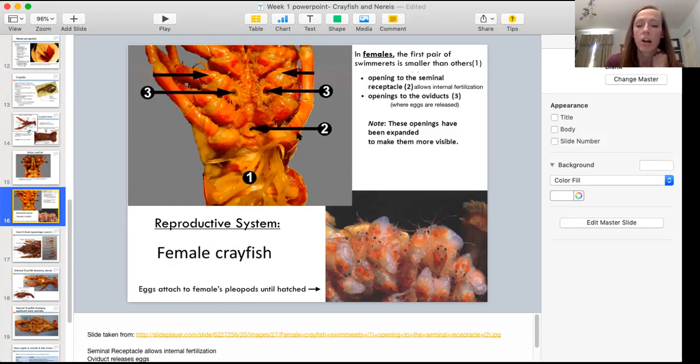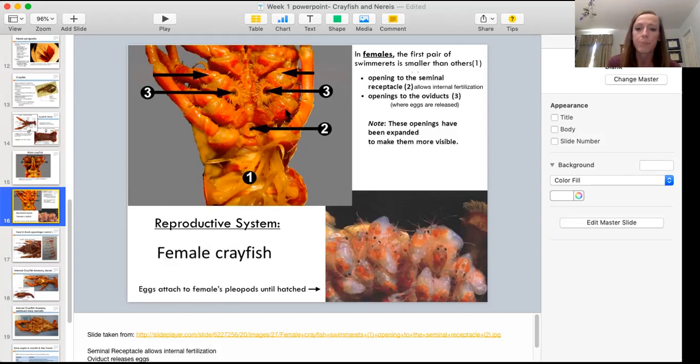All right, and then also in females, you're going to see a couple of openings. Number 2 in the picture here is the opening to the seminal receptacle. This allows for internal fertilization, which is characteristic of crayfish. And then number 3 here is the opening to the oviducts, where the eggs are ultimately released from after fertilization.